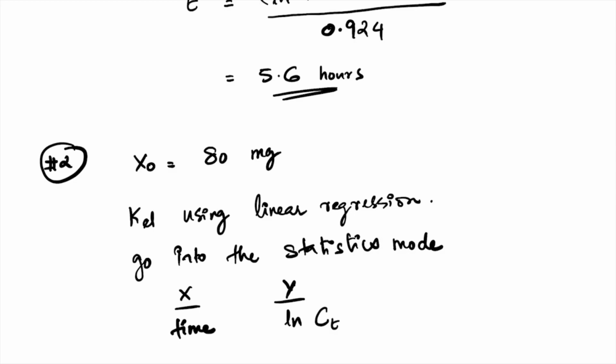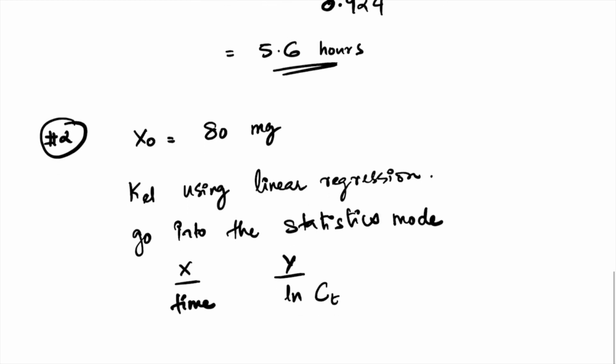So natural log of 6, natural log of 5.3, etc. So once you go into the statistics mode, and again, remember to clear the data.